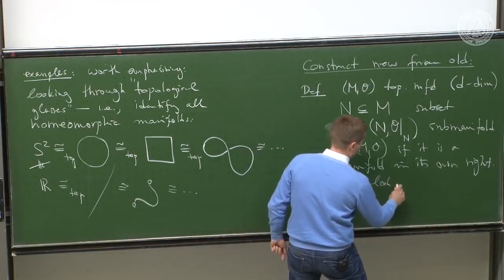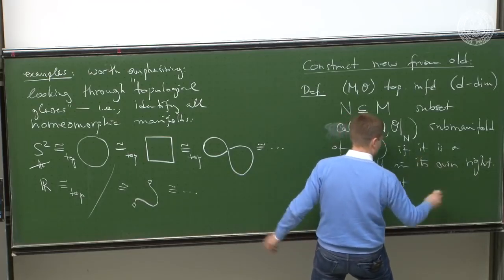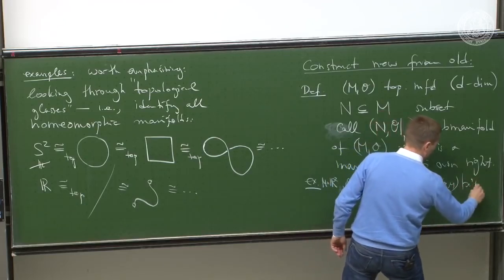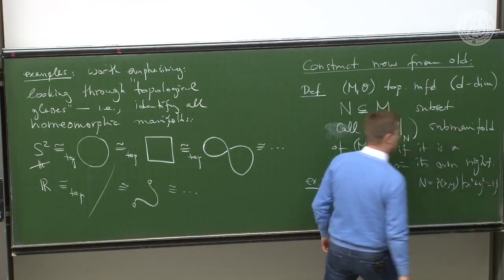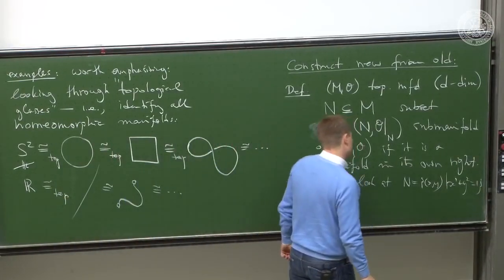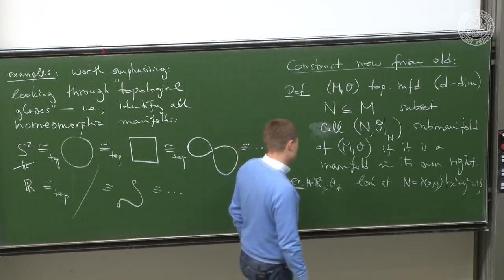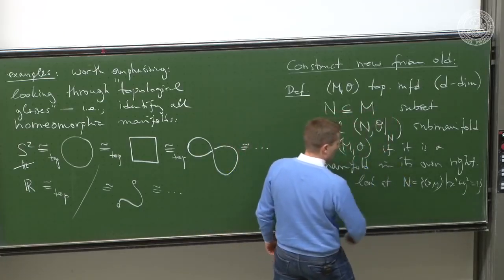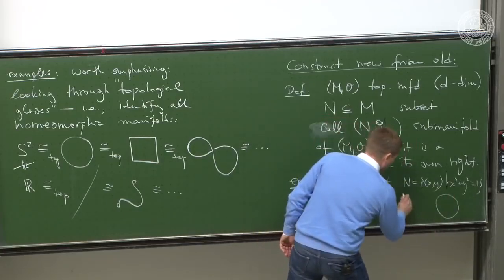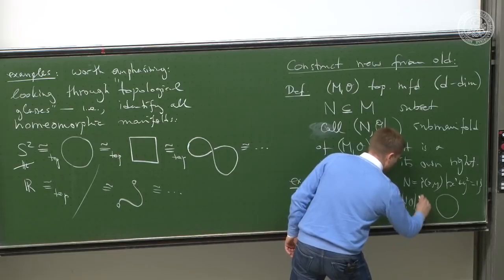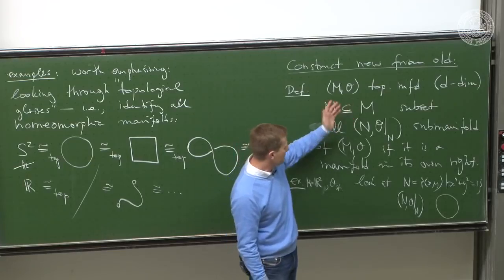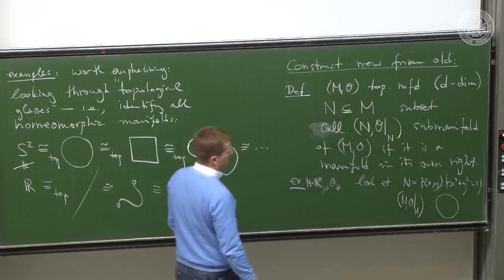Look at N being all pairs (x, y) with x squared plus y squared equals 1. We all know that's the circle, and you can check that N, equipped with the induced topology, is again a topological manifold. It has a lower dimension than the bigger one, but it's again a topological manifold.